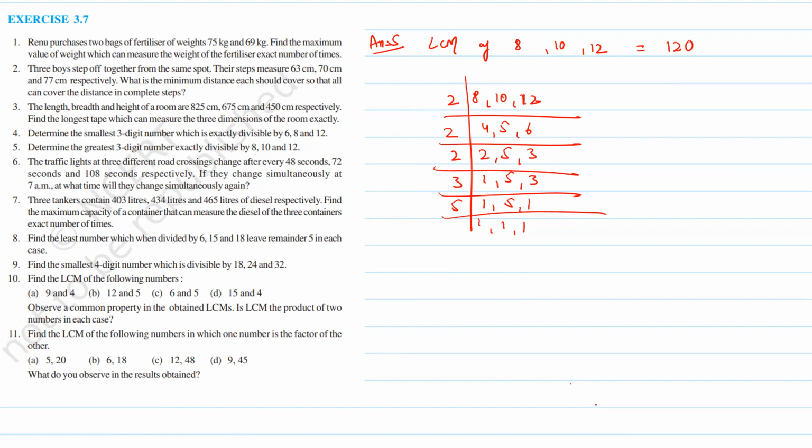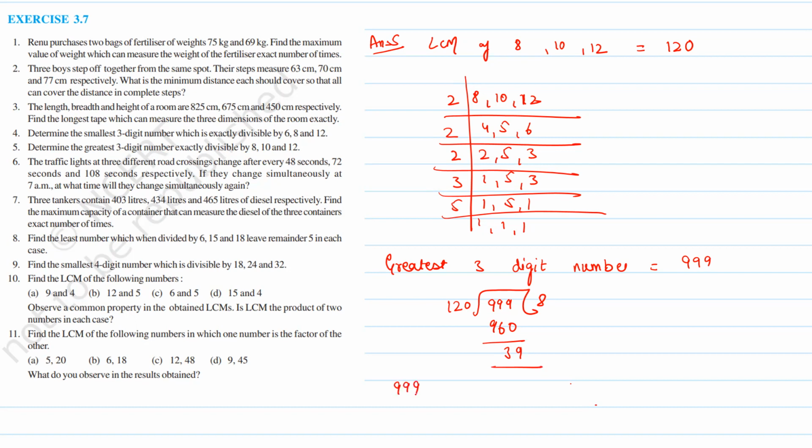Now the greatest 3-digit number is 999. Divide 999 by 120. It will give you 120 into 8, 960. Remainder is 39. So do it like that only.